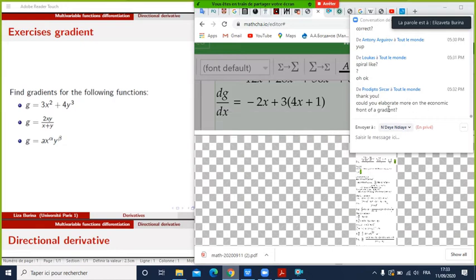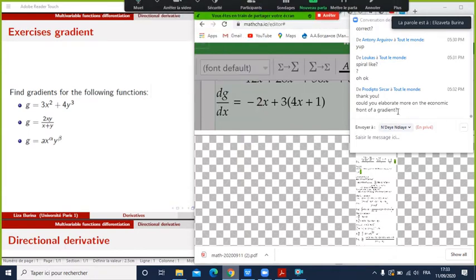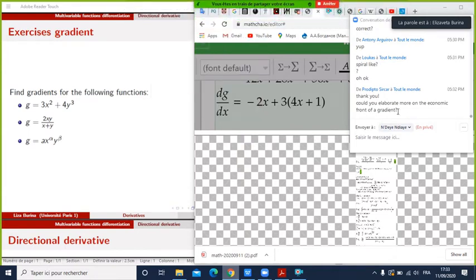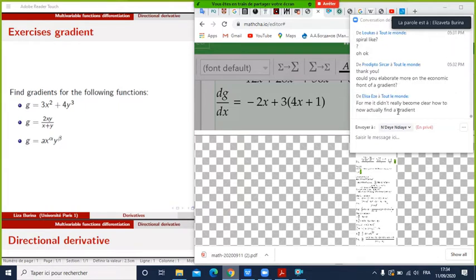Elaborate more on the economic front of a gradient. Yes, I might. Well, actually, I didn't want to, because that will be your first lecture in microeconomics. You will start with that and you will see it in the case of maximization of the utility function given budget constraints.